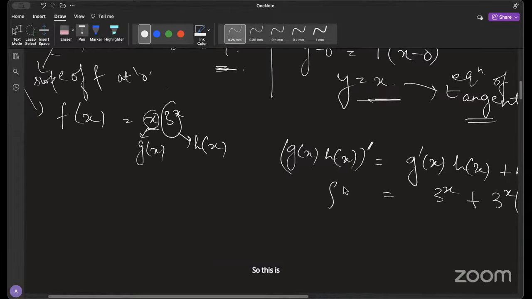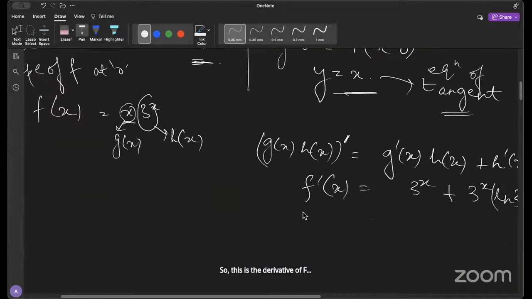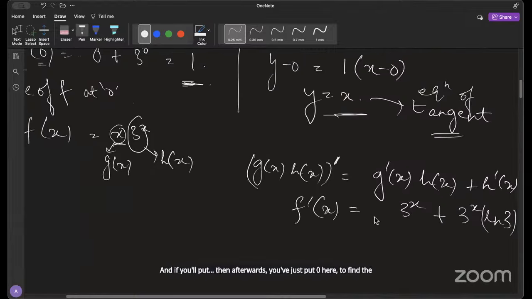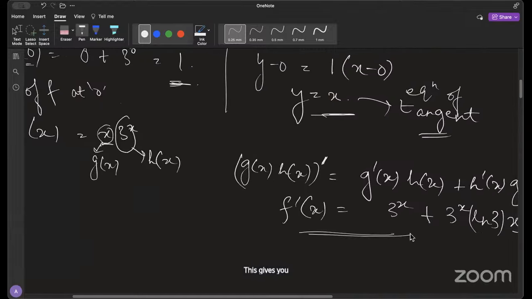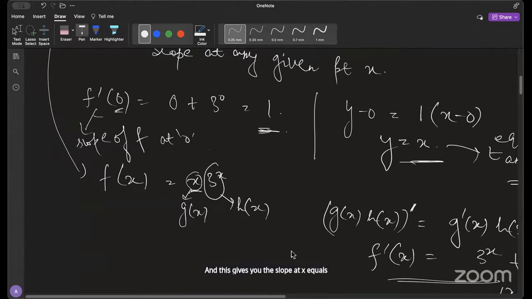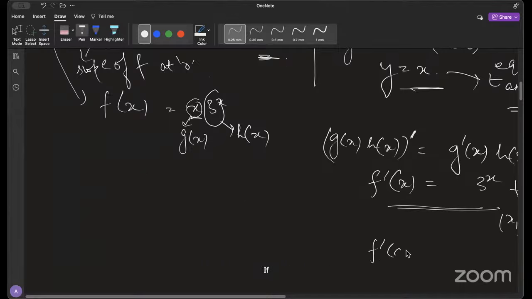This is the derivative of f. And afterwards we've just put 0 here to find the slope. This gives you the general slope of the function at any random point x comma y, right? And this gives you the slope at x equals to 0. F dash a gives you slope at x equals to a.